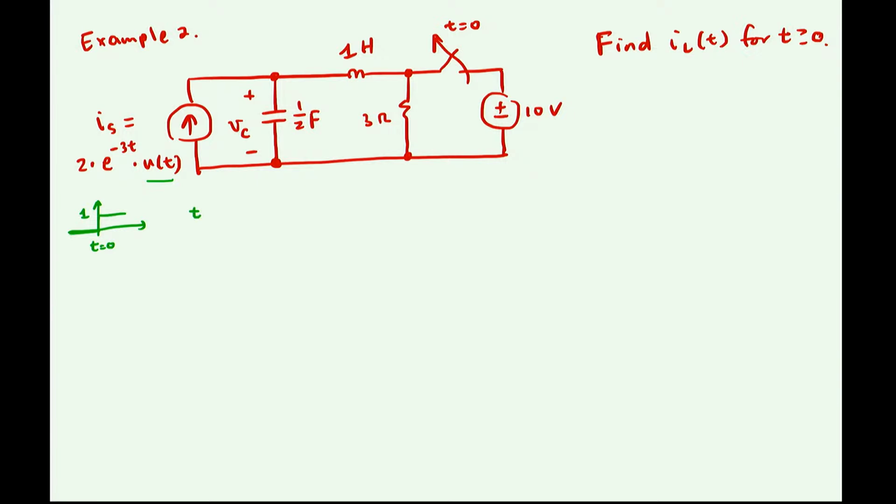Okay, so when t is smaller than 0, this current is equal to 0. So there's no current in this path. And then we have a capacitor, inductor, and then resistor that are connected to a 10-volt source for a long time.